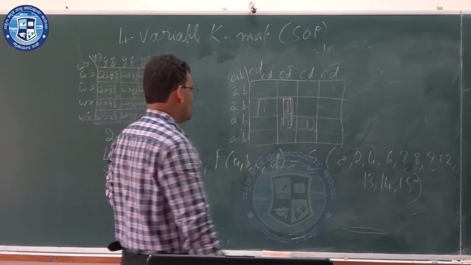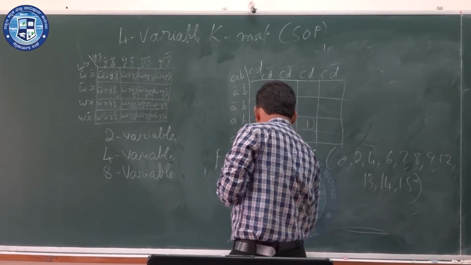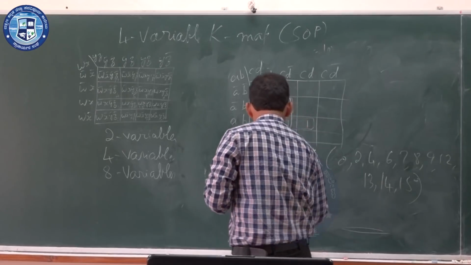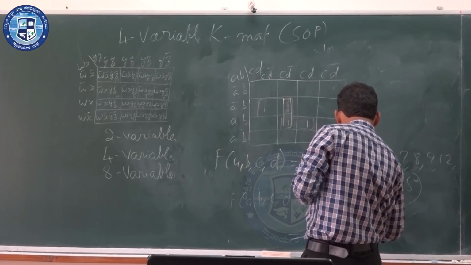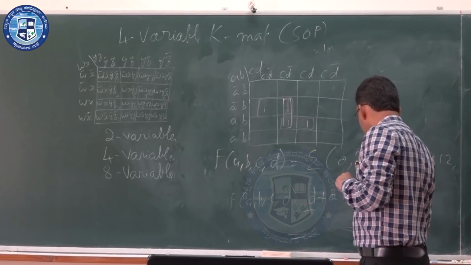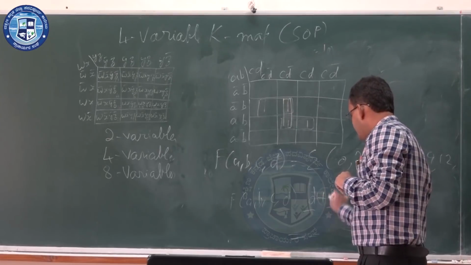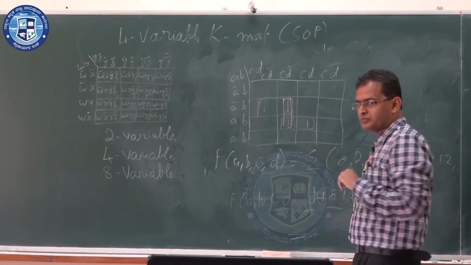In the last example you would have seen, maybe I wrote f of A, B, C, D is equal to something like D bar plus A bar B bar plus A B. So, this is one term, this is one term, this is one term, add plus in between because it is sum of products.